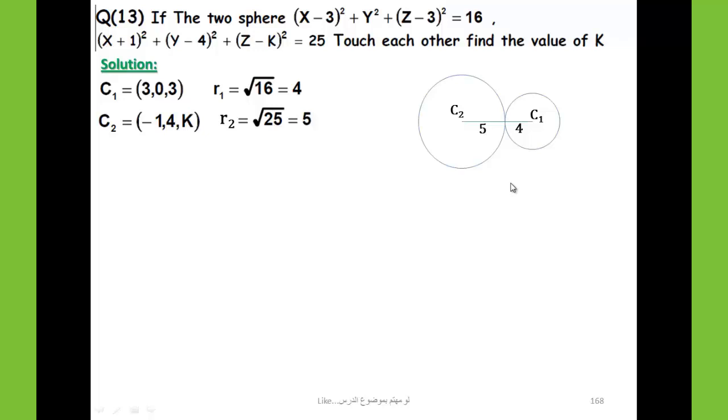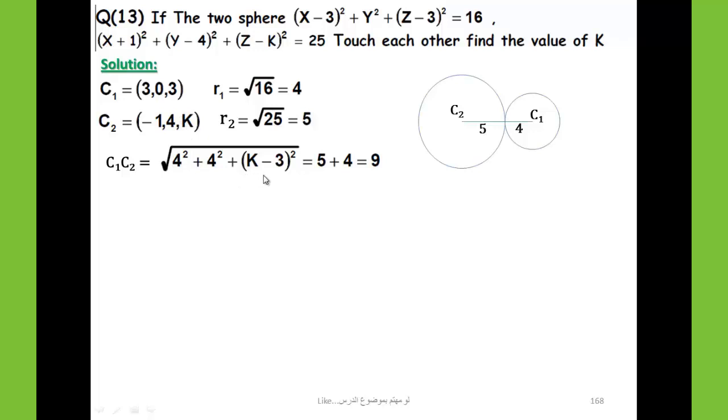We can determine the length of C1C2 in two ways. First, 4 plus 5 equals 9. Second, using the coordinates of the two centers C1 and C2, C1C2 is the distance between the two points, so it equals the square root of (negative 1 minus 3) square, which is negative 4 square, equals 4 square, plus (4 minus 0) square, 4 square, plus (k minus 3) square.